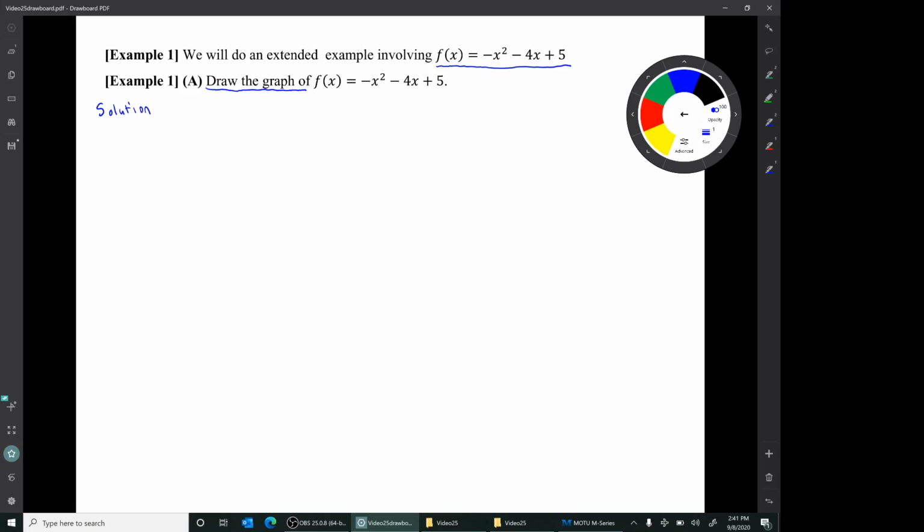Notice that the function f is given in standard form. We can tell some things about the graph just by looking at the standard form. First of all, it's a second-degree polynomial with a negative leading coefficient, so that means that the graph will be a parabola facing down.